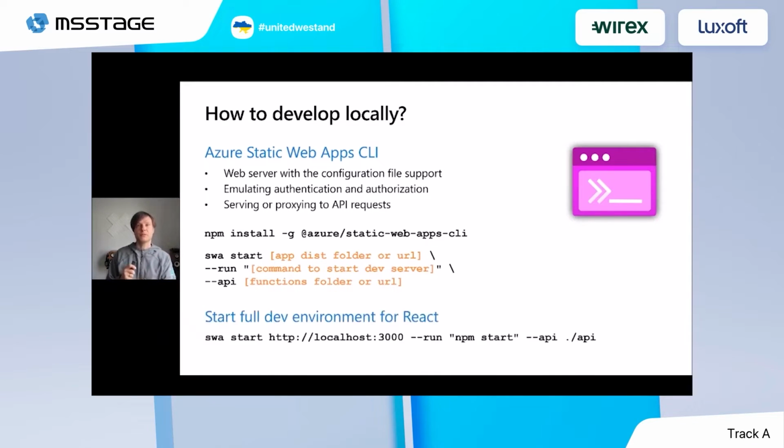For example, for the classic React application created using CRA, the Create React App library, it will look something like that. We point to the development server of React. We also specify the build command, so the whole environment starts with one single command like that, and also we point to the API folder.